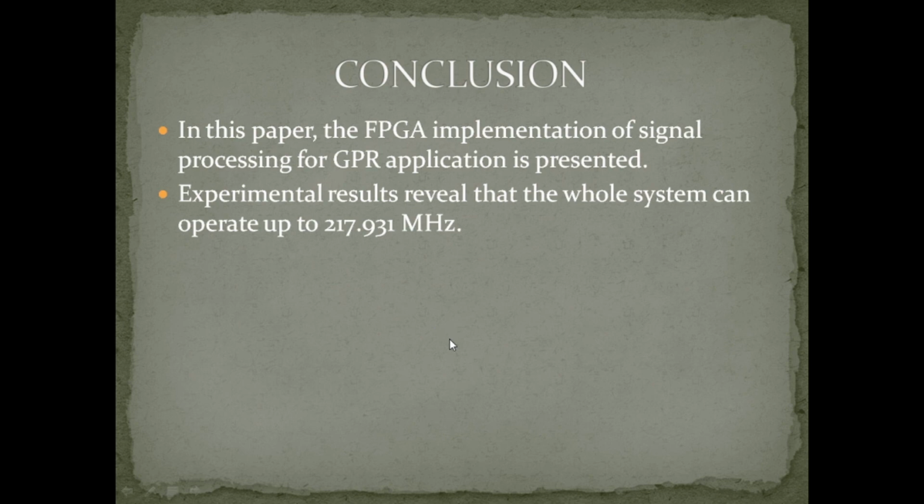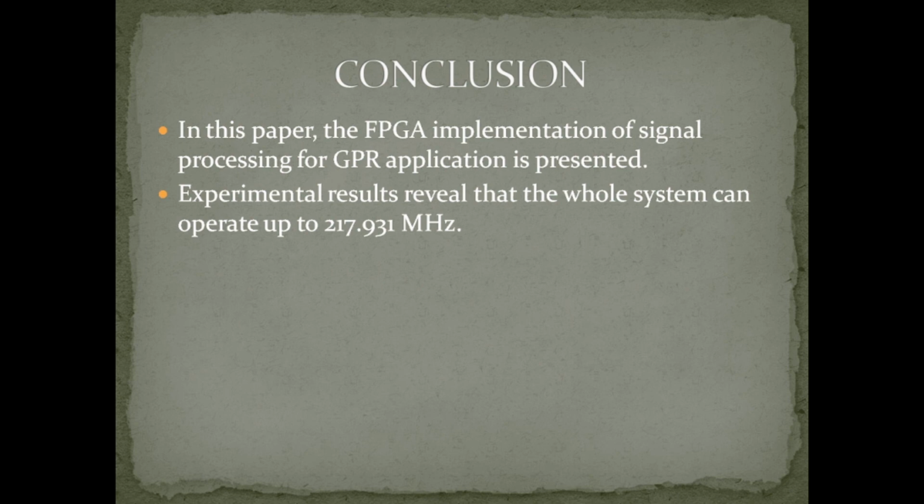Next is conclusion. In this paper, the FPGA implementation of signal processing of GPR application is presented, and we can easily understand the application of GPR with FPGA implementation for signal processing of GPR. The architecture is based on hardware software co-design and is employed to design the processing unit.